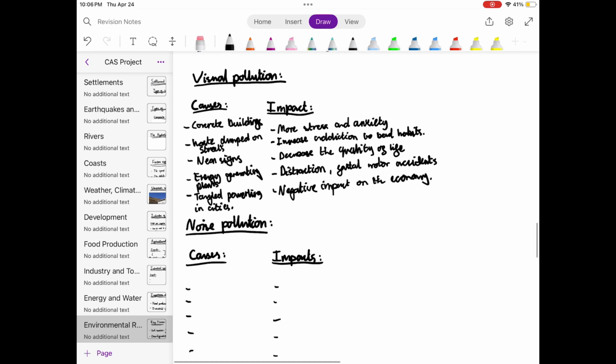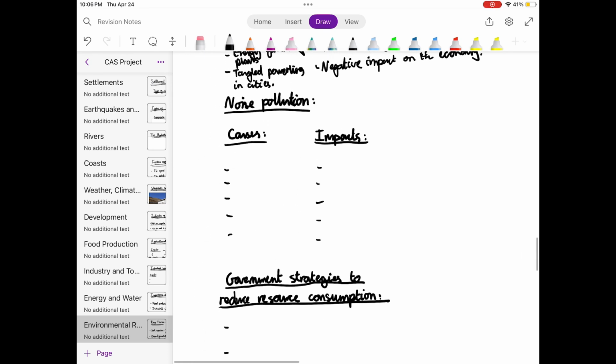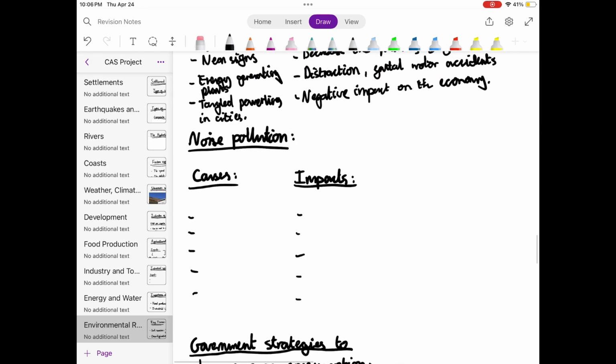Okay, so now we're going to be looking at finally noise pollution, which is the last type of pollution you need to know. So the causes of this are industry because of the manufacturing of goods, and it can also be caused by nightlife.